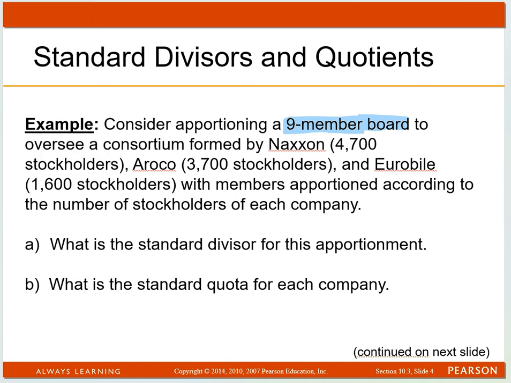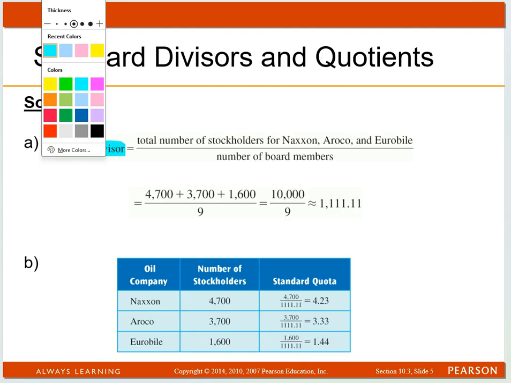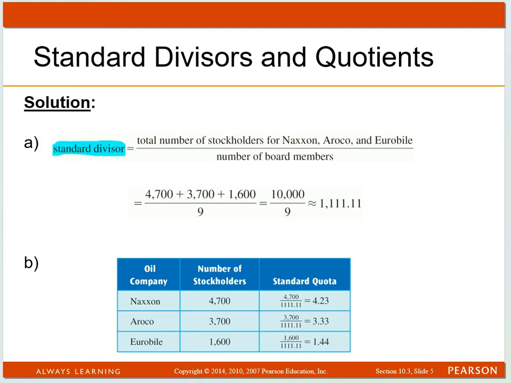So on the next slide, here we go. The standard divisor: you are going to take the total number of stockholders for these three companies. If you recall, that total was 10,000, which they show down here. Here are the three company stockholder numbers.